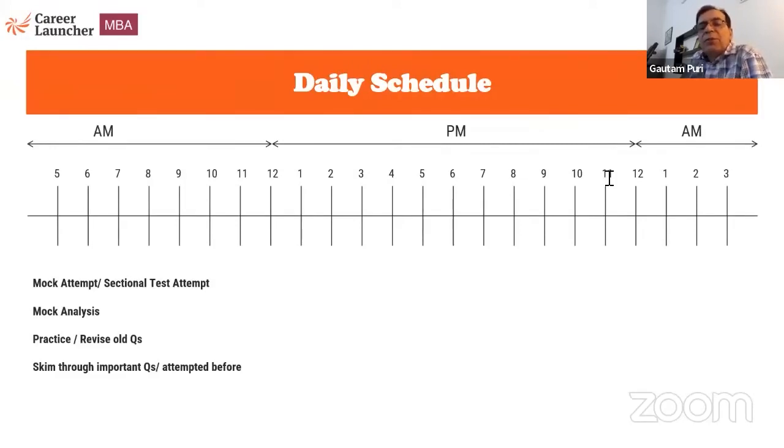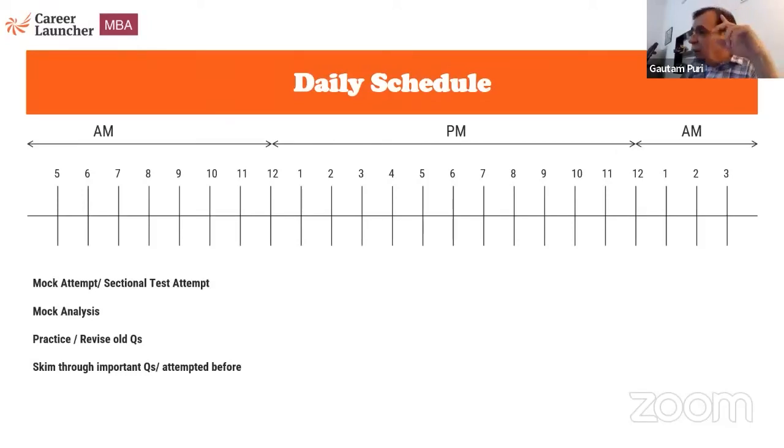So the only thing different for someone who's working versus someone who's only studying at home, maybe a dropper, is you don't have to worry about the 10 to 5. You need to make sure before and after your office time, you do the same thing. The things you have to do do not change. The only thing that changes is the amount of time you have and what all you can cover. Otherwise, everything else remains the same.